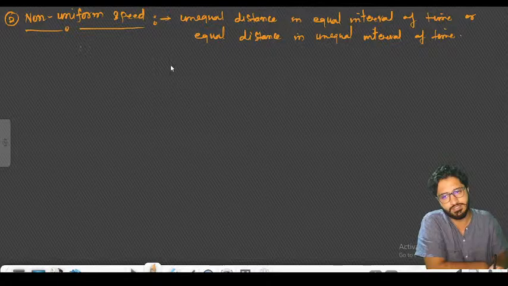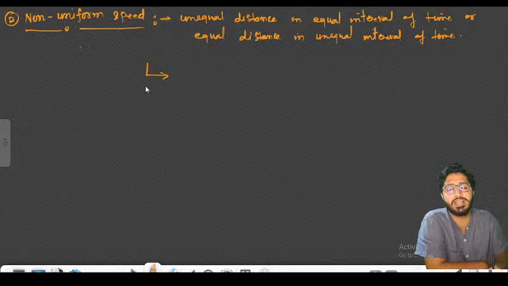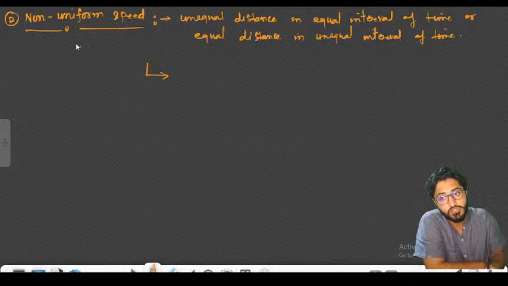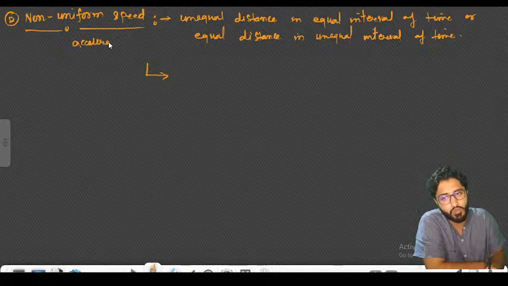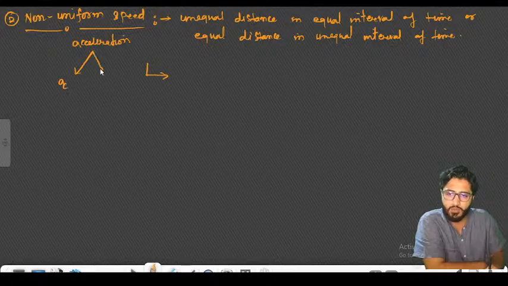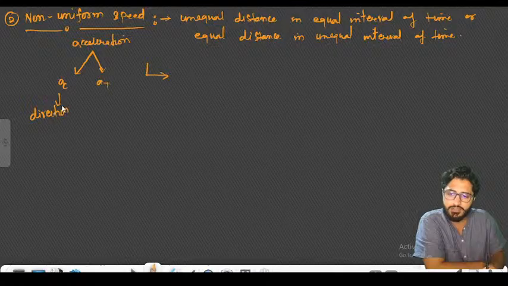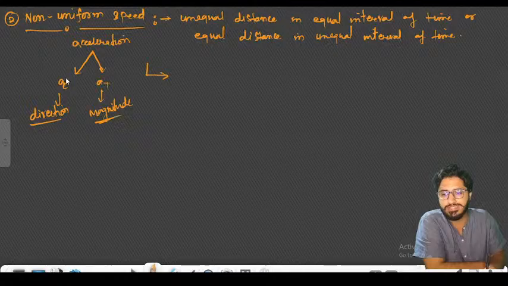Now the same question is here. If somebody asks you, is acceleration present in non-uniform speed? We have two types of acceleration. One is AC, centripetal acceleration. One is AT, tangential acceleration. AC is responsible for direction. If direction changes, AC is present. If magnitude changes, AT is present. AT is also known as A parallel, and AC is known as A perpendicular.